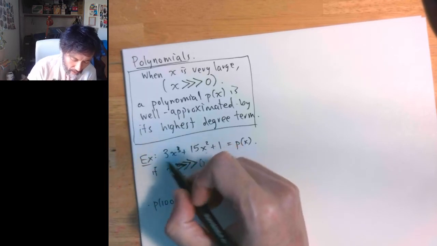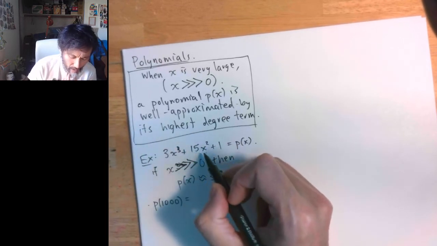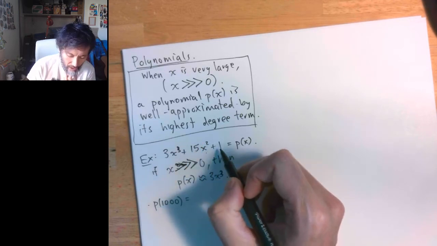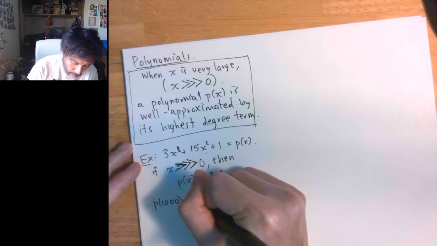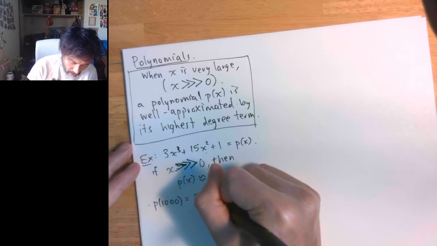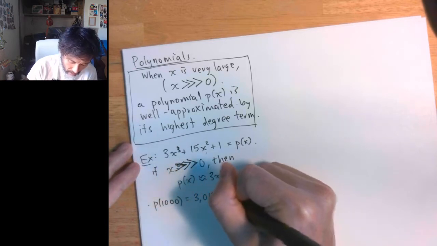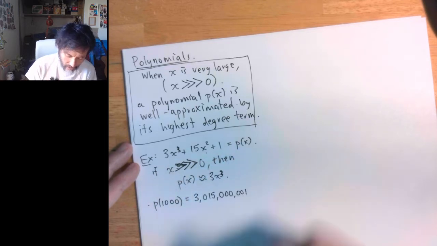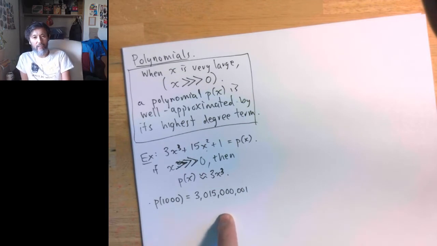So this contributes 3 billion. 1,000 squared is 1,000,000, so that's 15 million, and that's 1. So we have 3 billion, 15 million, and 1. I believe p of 1,000 is that value.